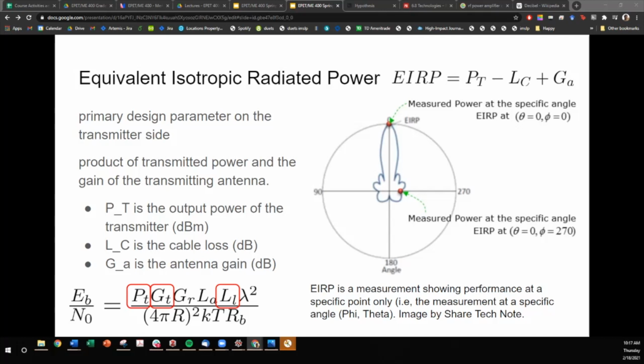It's the product of transmitted power and the gain of the transmitting antenna. It's supposed to show you performance at a specific point. Yes, that's all I want to say about that. And you can see it in the mother of all equations.